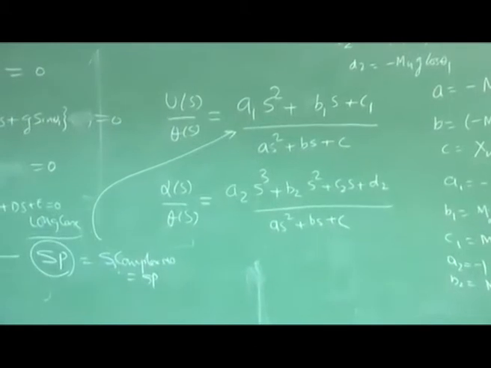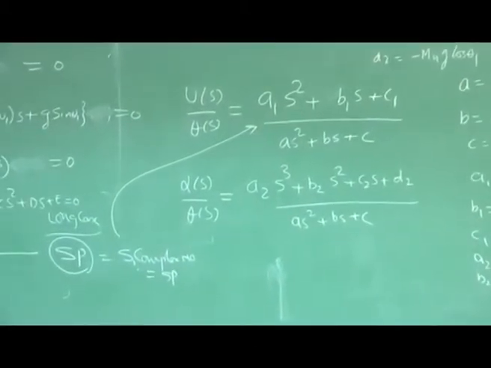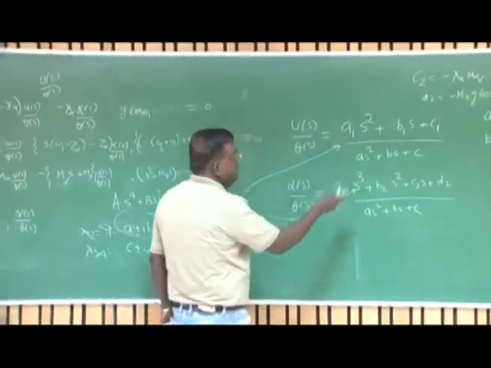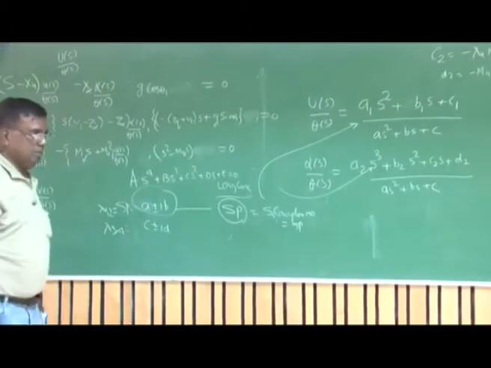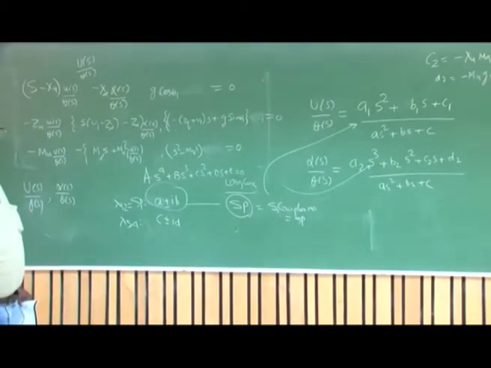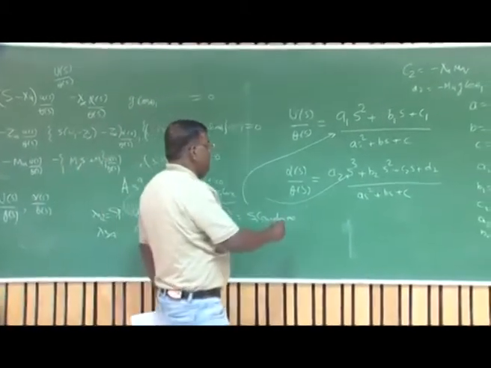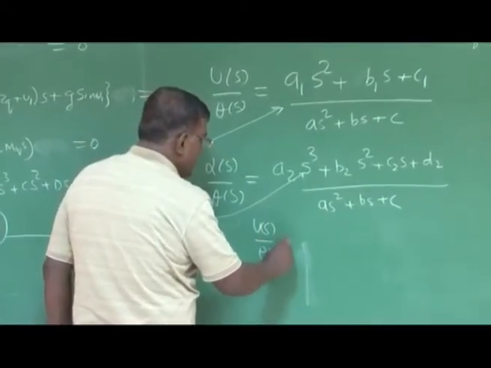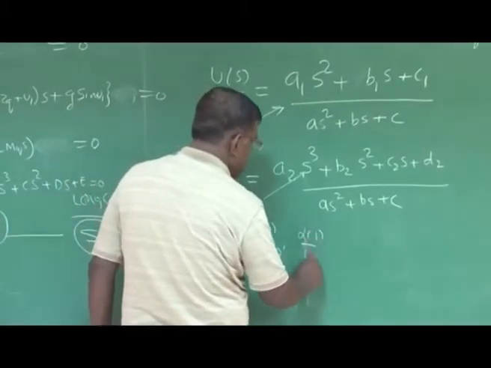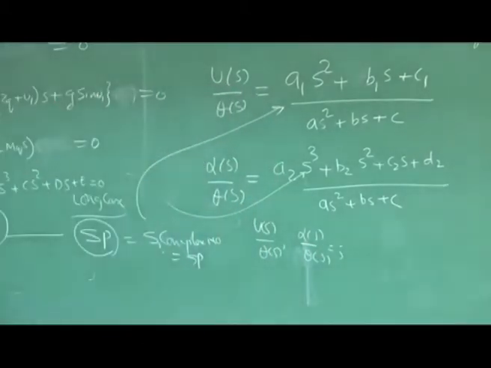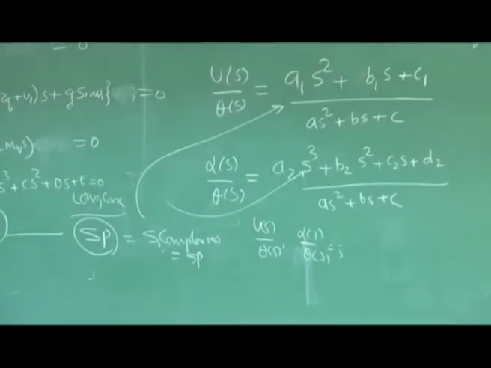Right? If you want to know alpha of s by theta of s for short period, again the value of s that you have got, plug in here. A1, A2, A, B, C, all these things are known, depending mostly on the dimensional stability derivatives. So once you do that, you know how u of s and theta of s, or alpha of s and theta of s, are varying for each mode, short period or phugoid mode.